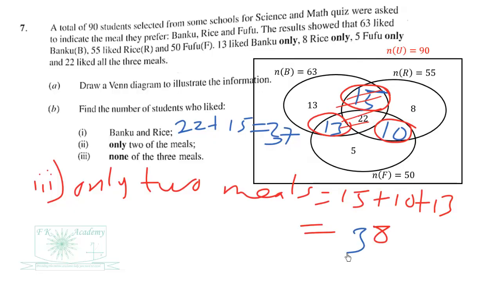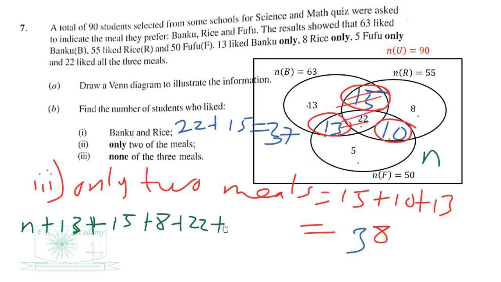Then none of the three meals. So to find none of the three meals, what you're going to do is that we will add all the numbers in the regions. 1, 2, 3, 4, 5, 6, 7. So none of the meals, let's say it is n. When we add n to 13, then we add it to 15, we add it to 8, to 22, to 13 again, to 5, to 10.